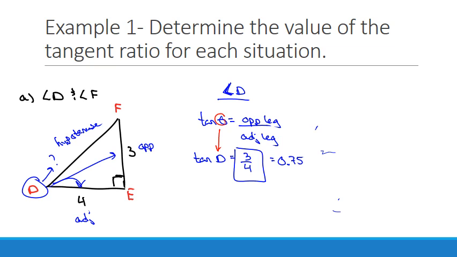Let's look at now angle F. So angle F, again, tan theta equals, I often don't write the leg part down, but you need to remember they're legs, so I often just write it as opposite over adjacent. And now I'm dealing with this F over here, so the tangent ratio from angle F, or just tan F. The opposite is now, again, it's across.